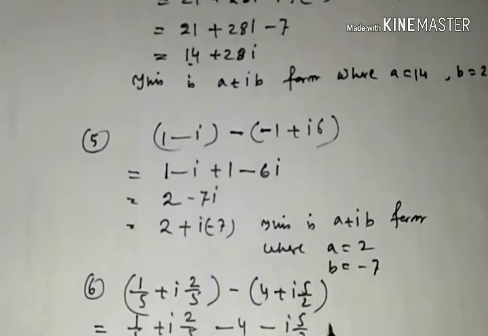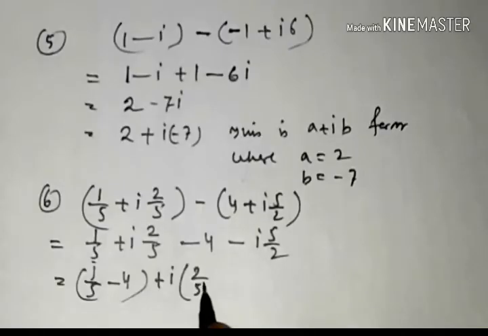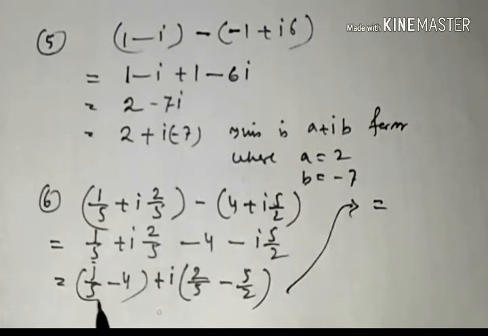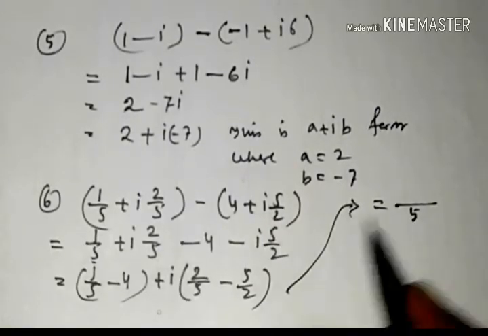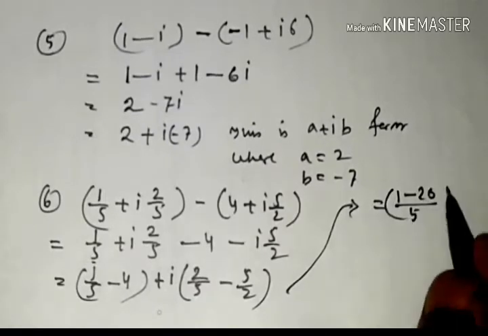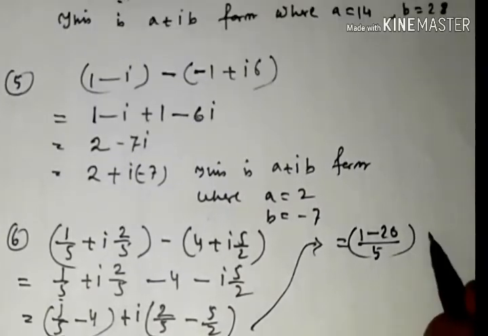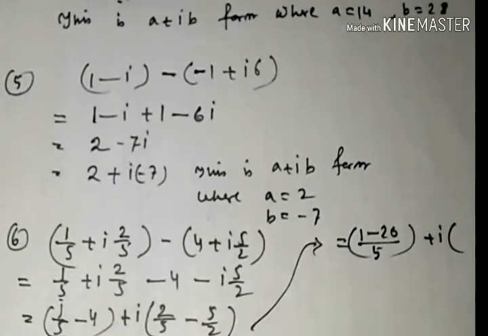In the imaginary part, we can take i as common, therefore 2 by 5 minus 5 by 2. If we take LCM, for the real part it is 5, 1 minus 20, that is minus 19 by 5. For the imaginary part, the LCM of 5 and 2 is 10, therefore 4 minus 25.